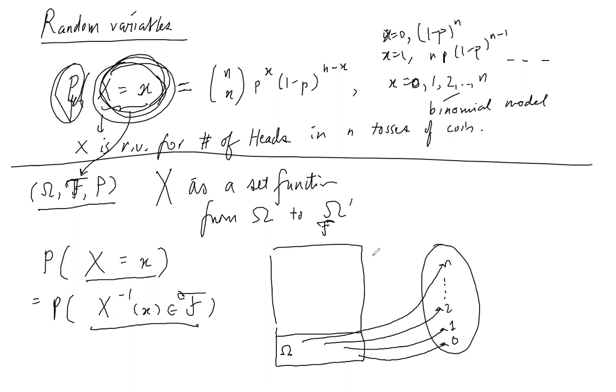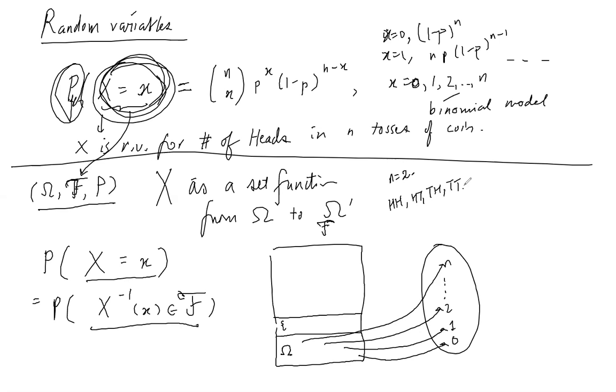To make it easy, let's say the binomial case, with n equals 2. So you have the coin toss outcomes HH, HT, TH and TT, right?